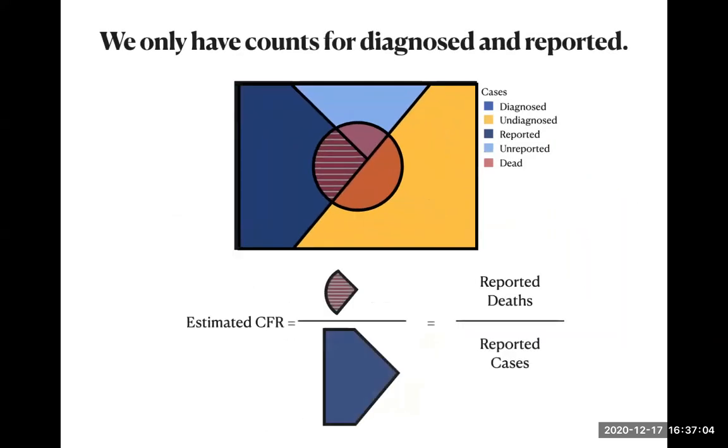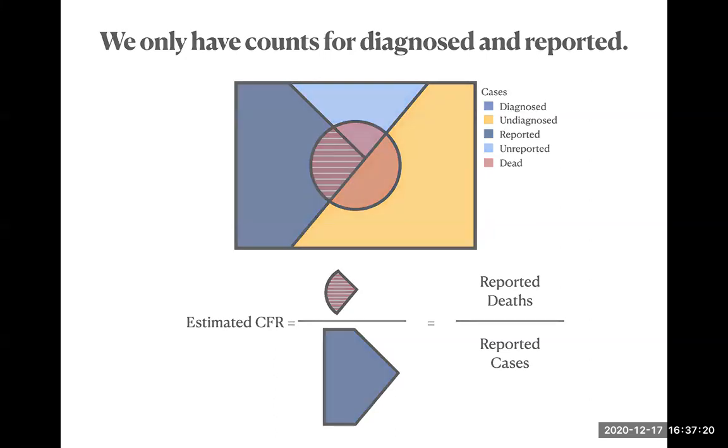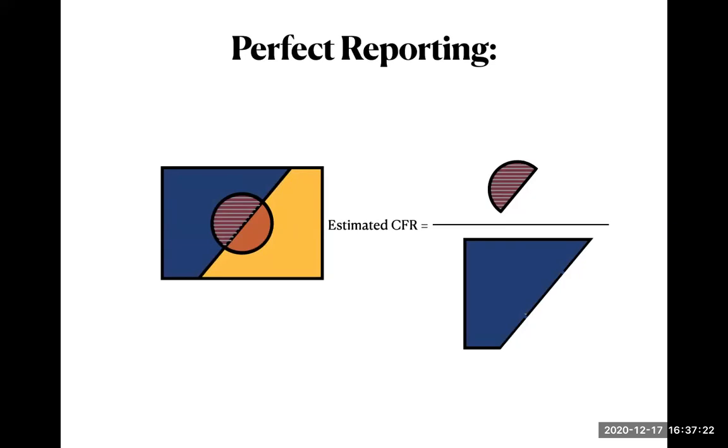Instead of having the true population number of deaths and cases, we only have diagnosed and reported deaths and cases. So we estimate the case fatality rate as the ratio of the striped maroon reported deaths and the dark blue reported cases. The size of these two wedges depends on what proportion of the diagnosed cases are actually reported.